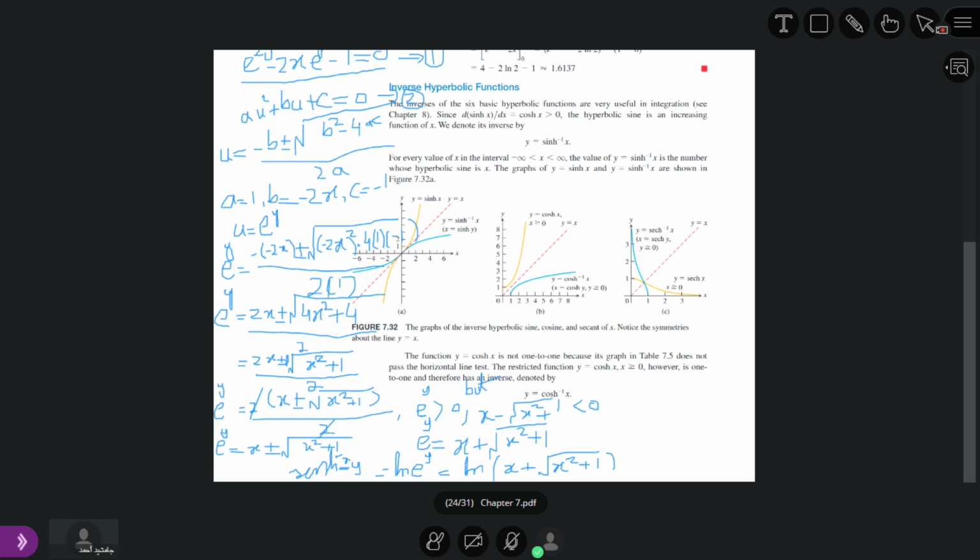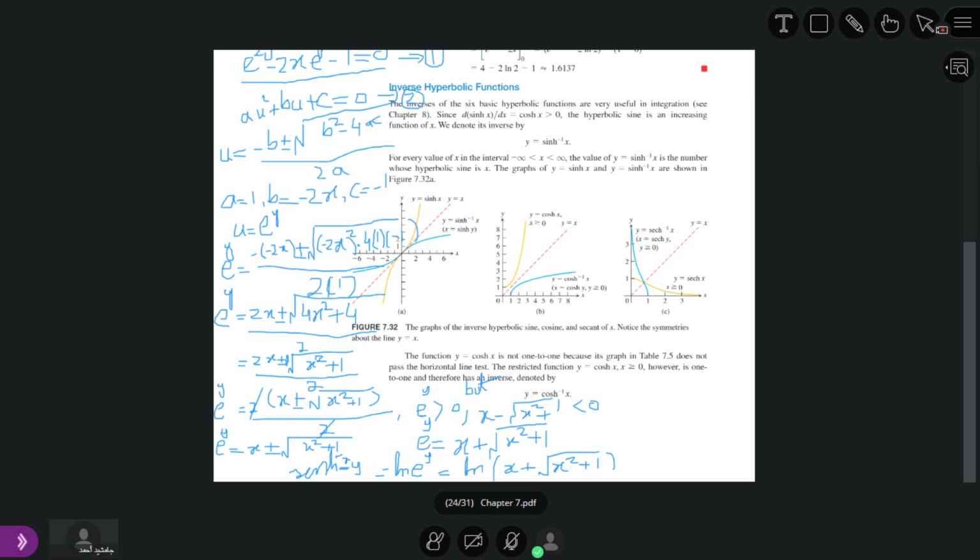That is why we take natural log on both sides, so ln of e power y. Now if we see, the natural log and the exponential function are inverses of each other.